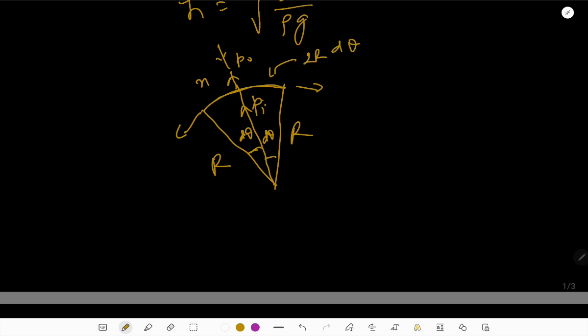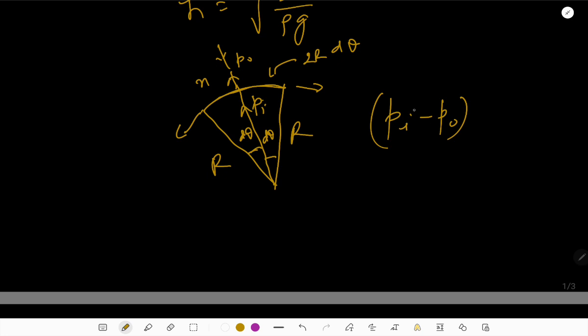And now consider all the forces in the direction normal to the center of the fluid element, and the net pressure force acting in normal direction on this curved surface will be equal to P inside, which is always greater than P outside, so P inside minus P outside into, this is the pressure force per unit length.